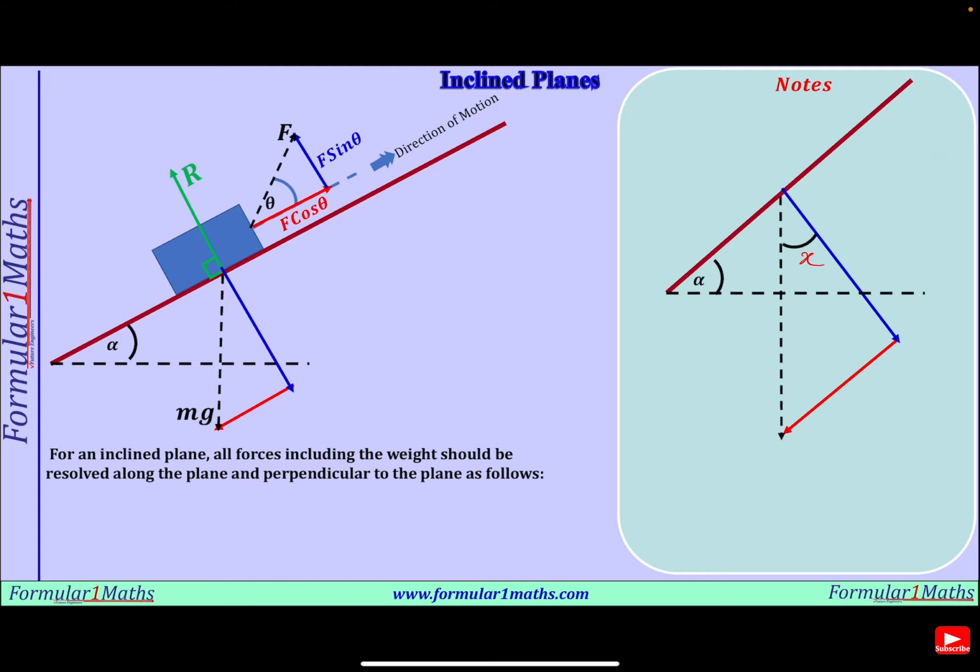If this is x, and then we consider this is 90, so if that's 90, then this angle here will be 90 minus alpha.